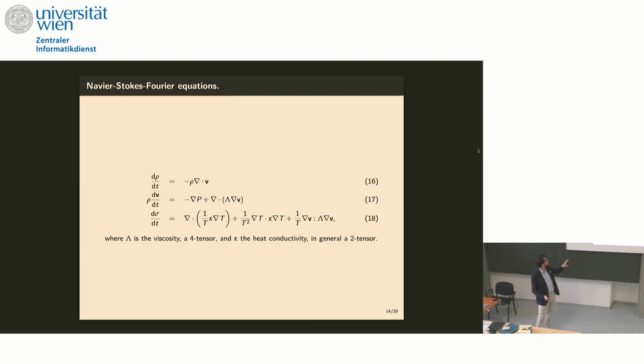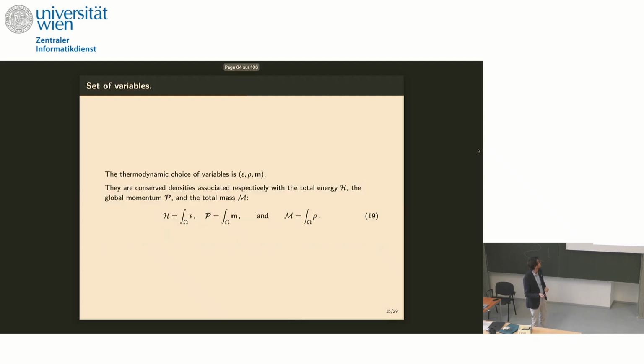So now let's try to write this kind of dynamics in a metriplectic formalism. First, we will identify a set of variables which is nice for us. It will be the energy, the local variable associated to the Hamiltonian, but also the momentum, which is always conserved in physics, and the mass density, which is also a conserved quantity.